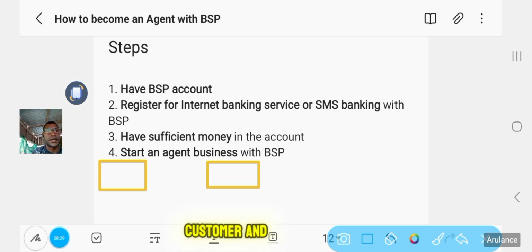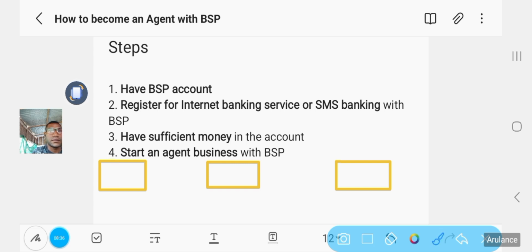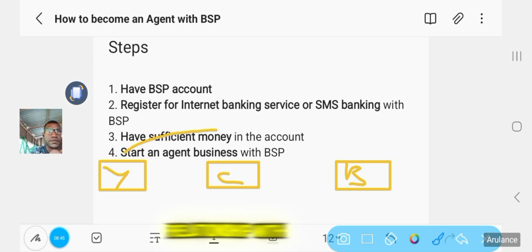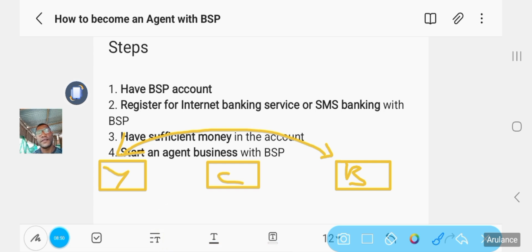It's you, the customer, and the bank. All right. So remember, you have an established relationship with the bank through SMS banking or internet banking, and you also have your relationship with the customer or the client. So now they will ask you for withdrawal.